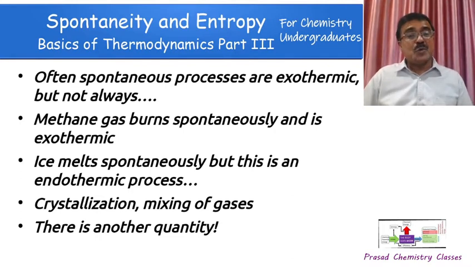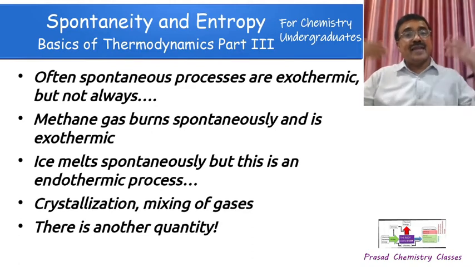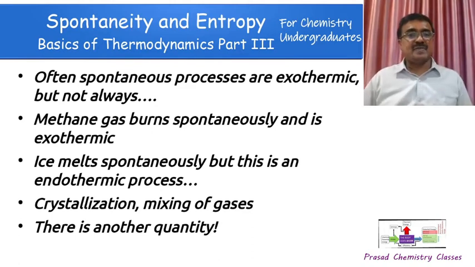So there should be some other property which also has a role to play in the spontaneity of a process, other than the exchange of energy. We know systems usually have a tendency to go from a high energy state to a low energy state. That we already know from experience, and we have a large number of processes which are exothermic in nature or which release energy during natural spontaneous processes.